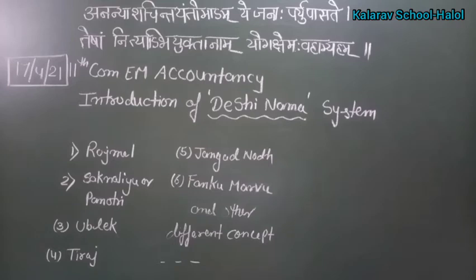Another interesting thing regarding the Desi Nama system is that when a book of account is maintained as per the double entry system, it starts from 1st of April and its closing date is 31st of March. But here it is literally different. You know very well, our New Year starts from the next day of Diwali, which we call Bestu Varas, but the accounts do not start from that.